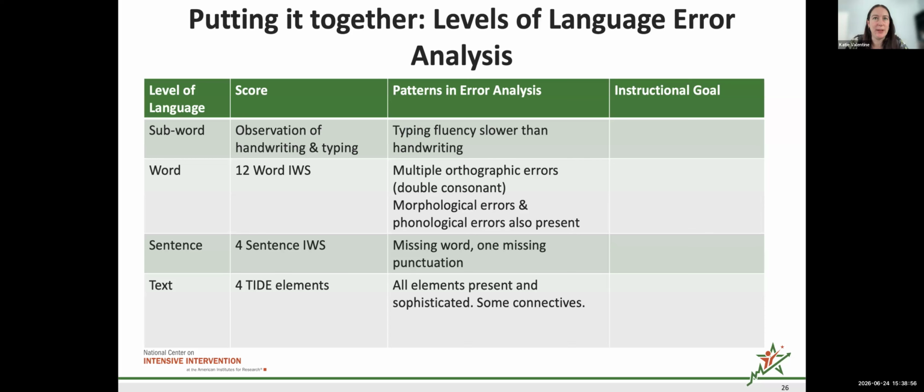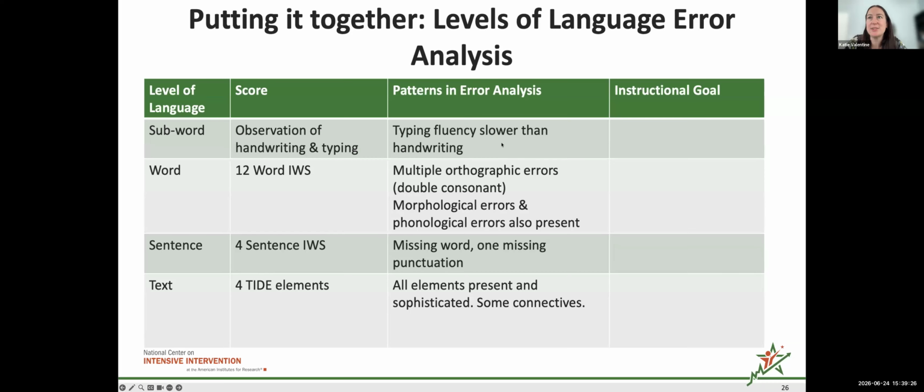We scored for correct minus incorrect word sequences and identified 12 word level incorrect word sequences that were related to spelling. We identified 4 incorrect word sequences that were related to sentence level pieces. That was a missing word and a missing punctuation mark. And then we also identified those TIDE elements in their writing, noting some of the patterns that we saw.